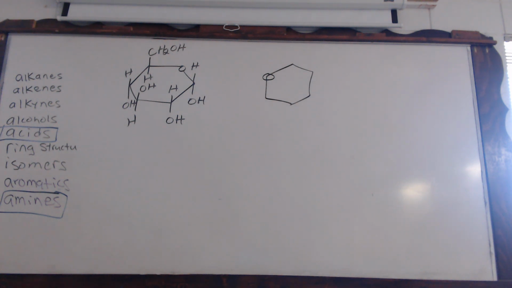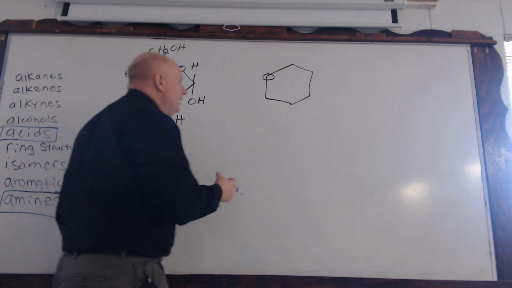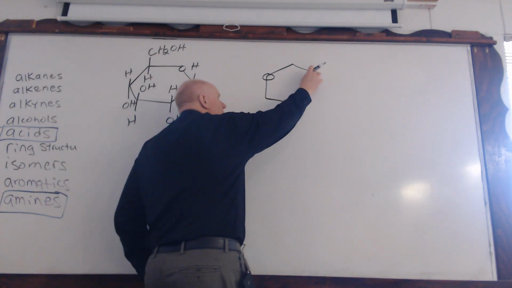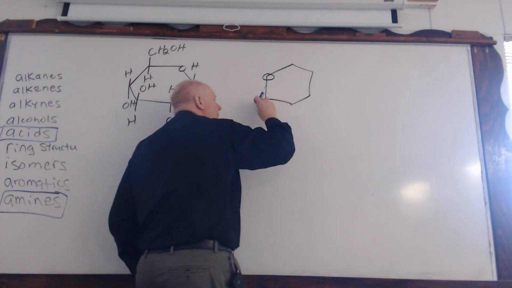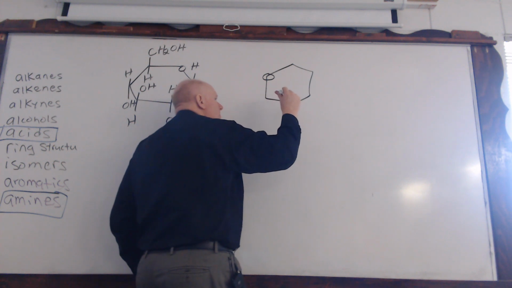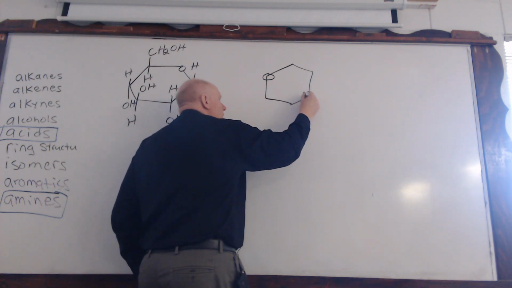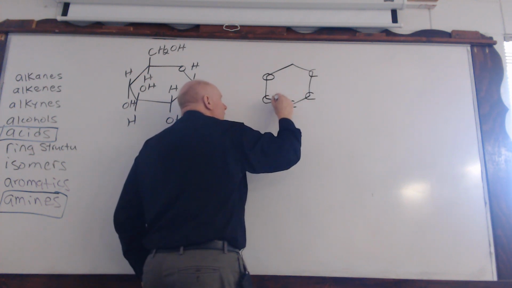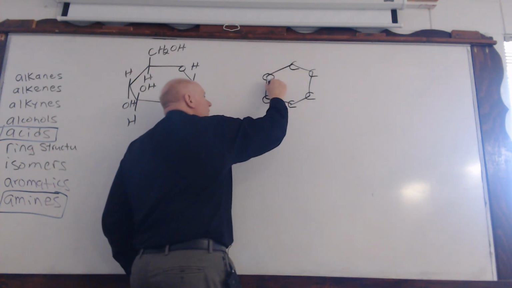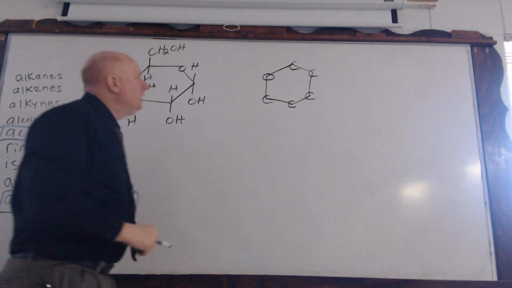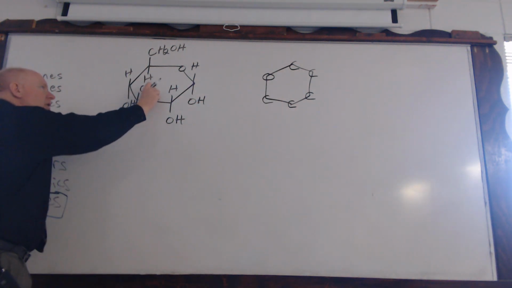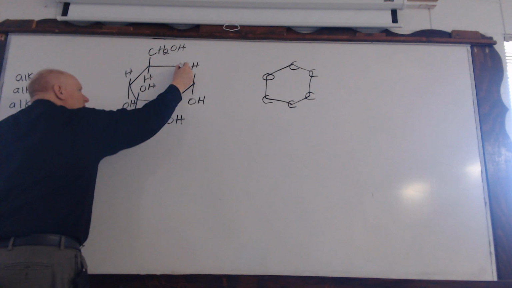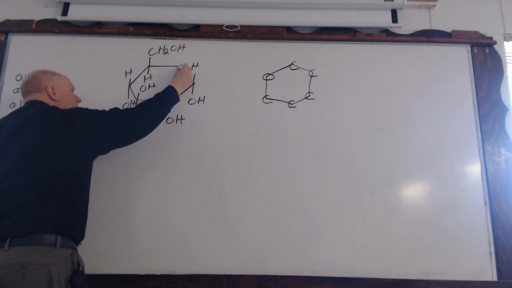because at the intersection of each one of these lines, what is occurring there? A what atom? Okay, with the exception of this one. Now we're talking about this structure here because this is an oxygen, not a carbon.